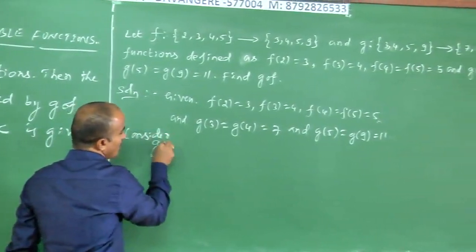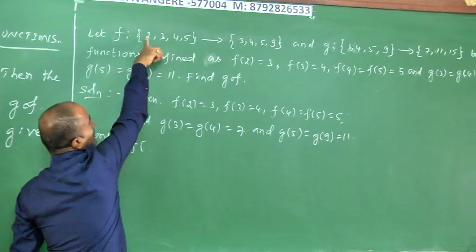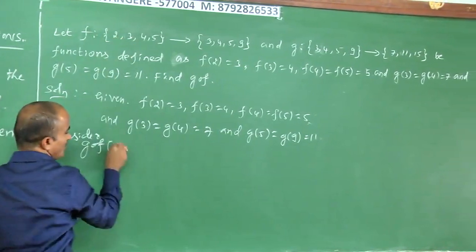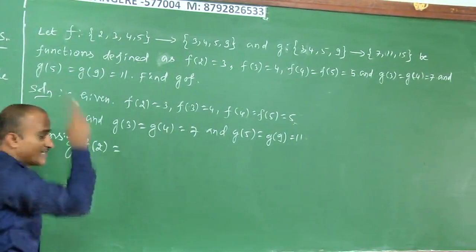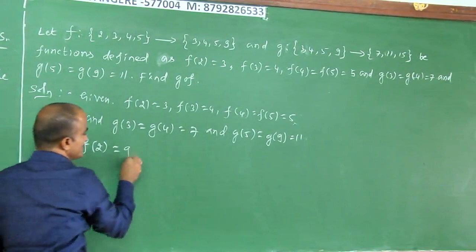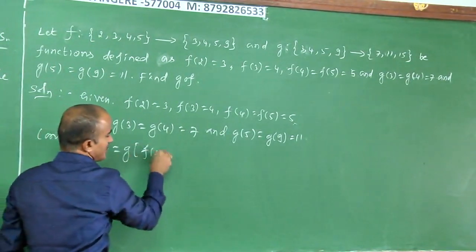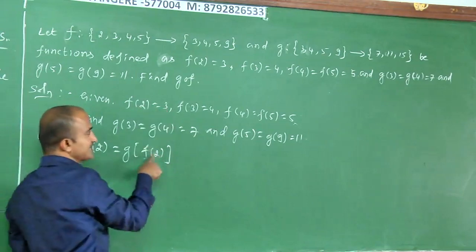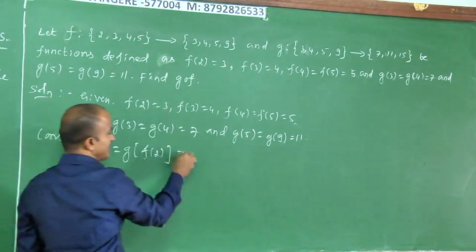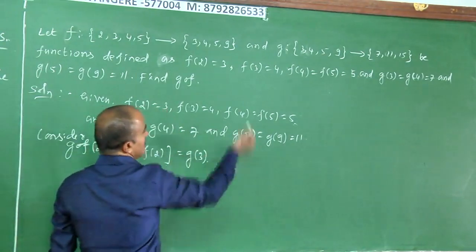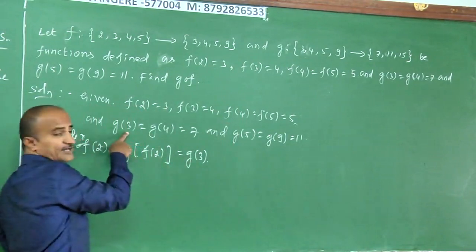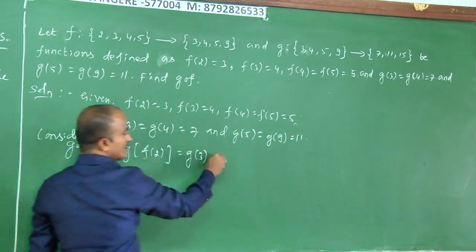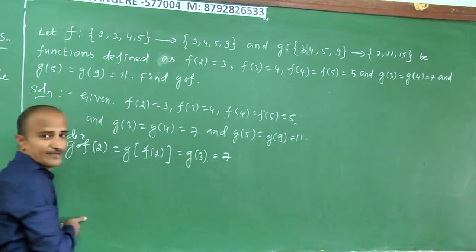consider GOF of 2. By definition, this can be rewritten as g of f of 2. What is the image of f of 2? f of 2 is 3. Replace f of 2 by 3. That is g of 3, and they have already given that g of 3 is 7.